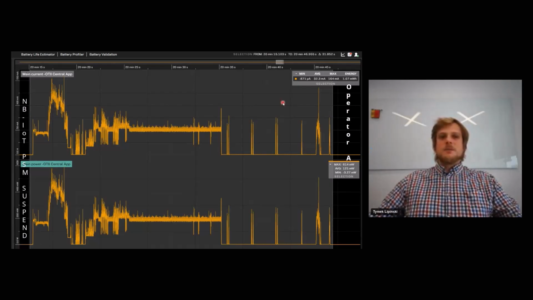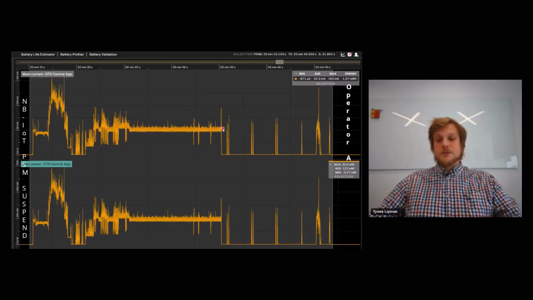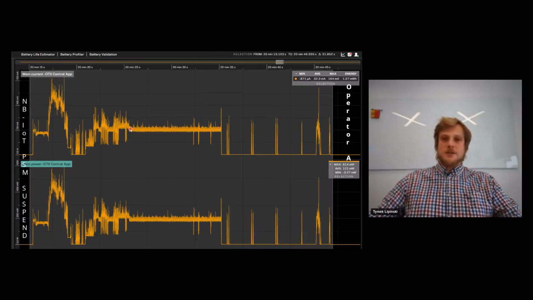Let's compare it to NB-IoT with the nasty operator A, which has the RRC for 10 seconds. So again, below 4 microamps of current, the modem wakes up, loads the system, initializes it, searches for a network, attaches, sends 1 kilobyte, receives 1 kilobyte, and then it does nothing for 10 seconds, just burning our precious battery energy, doing absolutely nothing, just sustaining the radio for whatever reason, because the operator requires that.